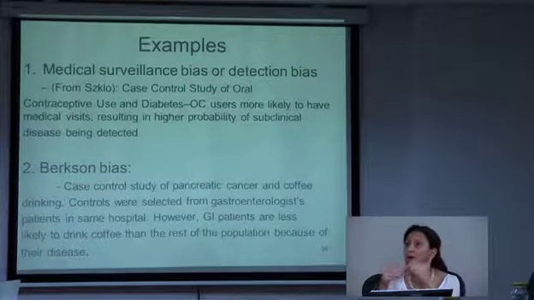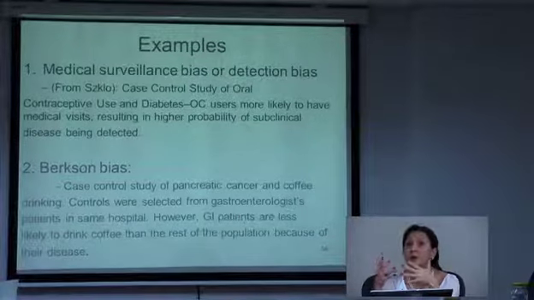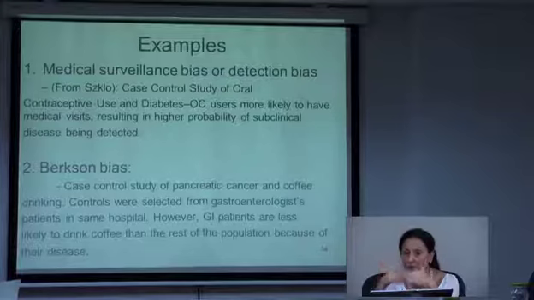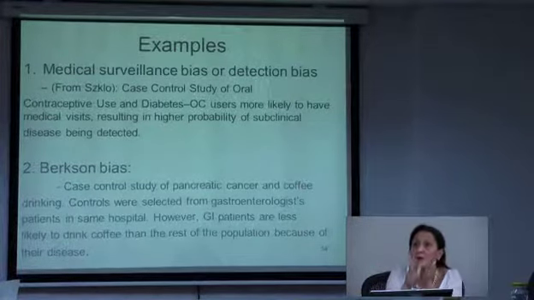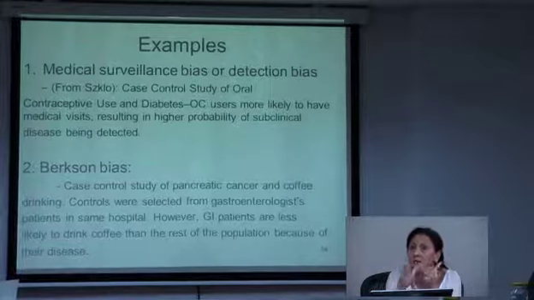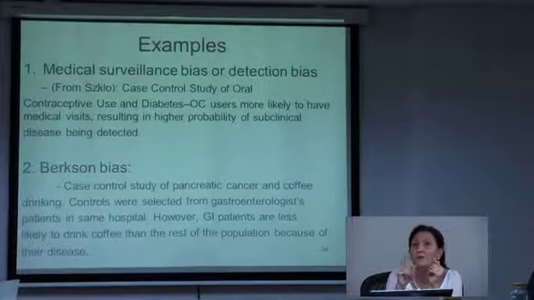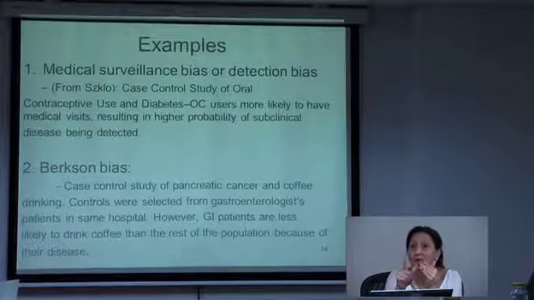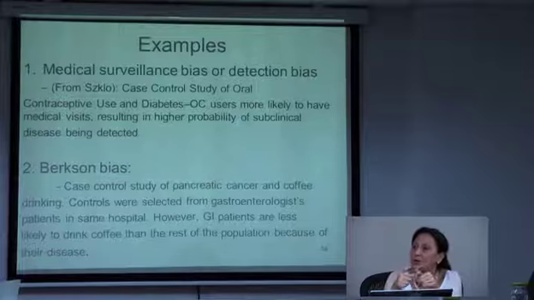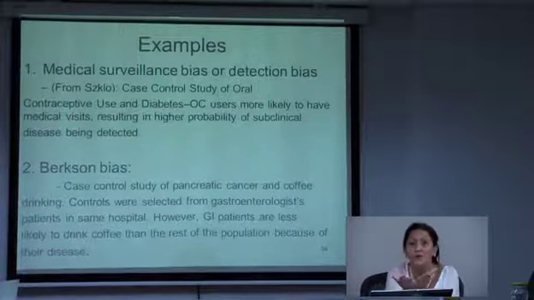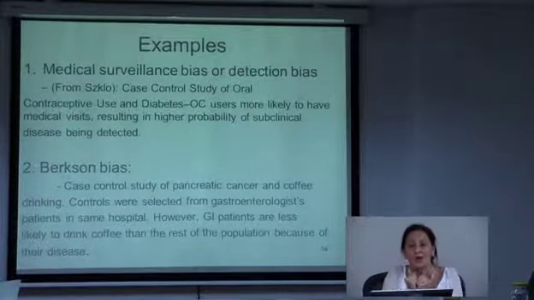People who are taking oral contraceptives, for example, could always be under medical surveillance because they are taking oral contraceptives. So when they have a particular disease, it's not because of the OC, but because they are being very well followed up because of the OC.